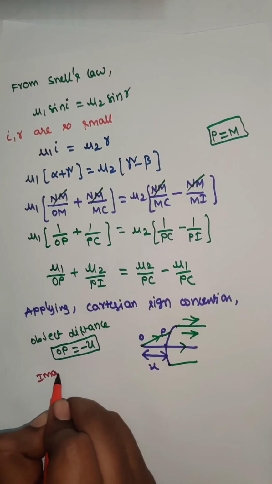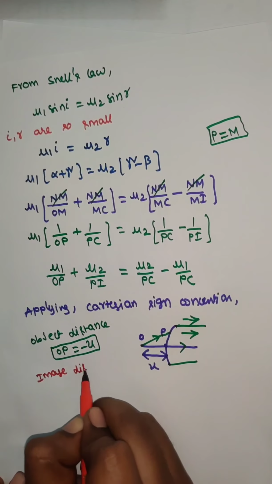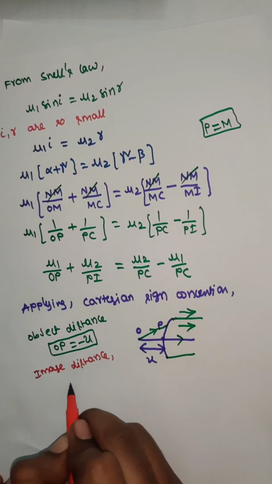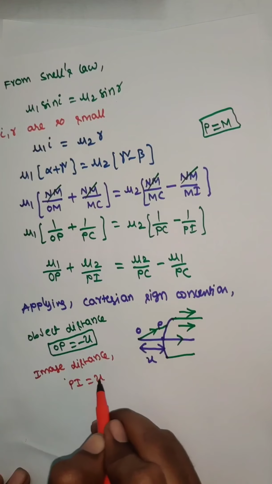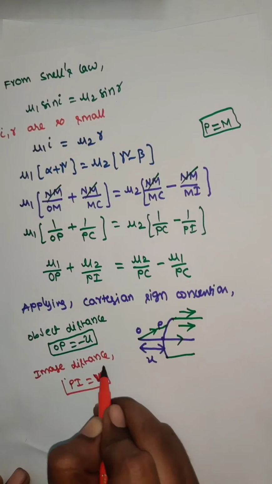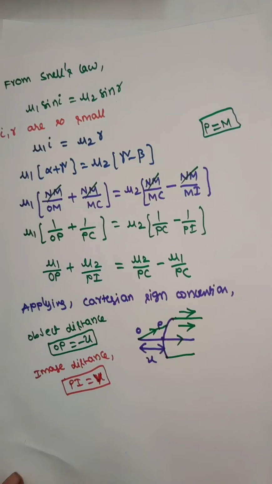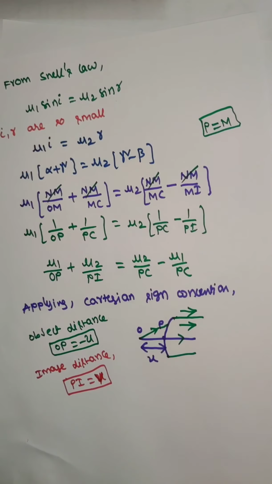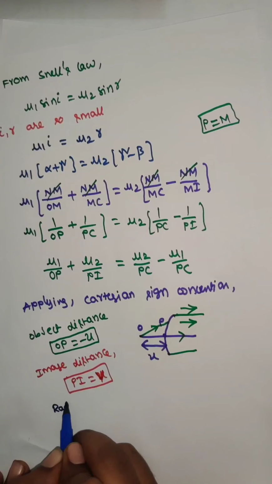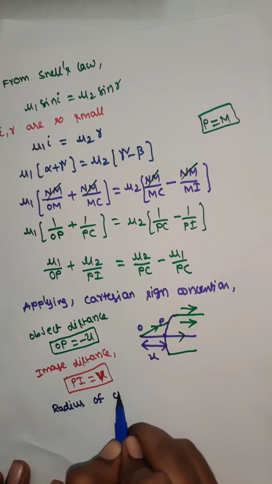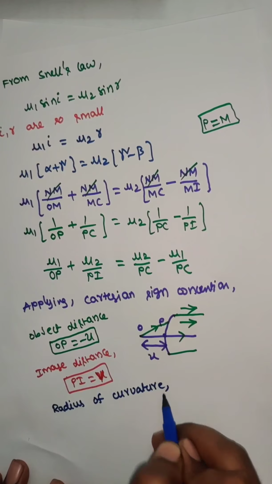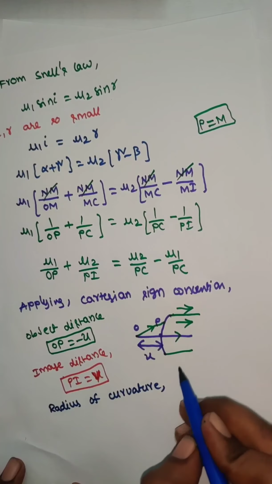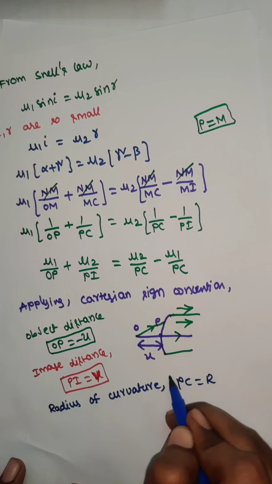Image distance PI is positive, that is V. Next, the radius of curvature PC is R, that is also in the direction of incident light, so PC is equal to R.